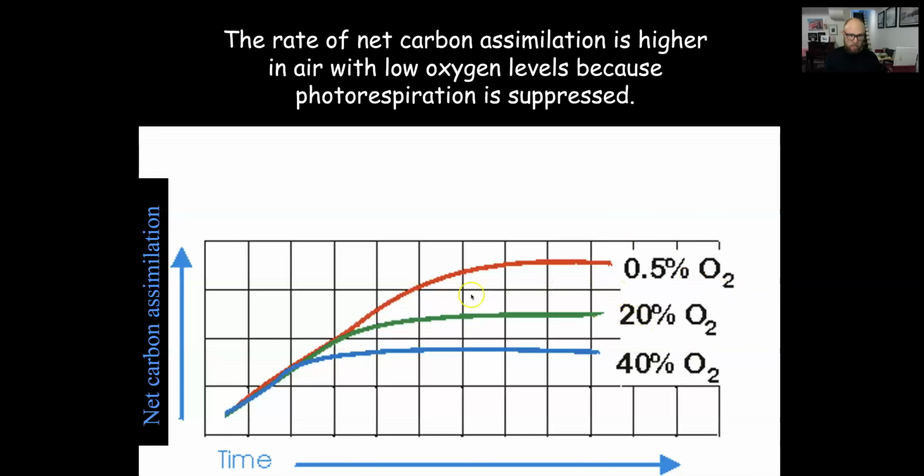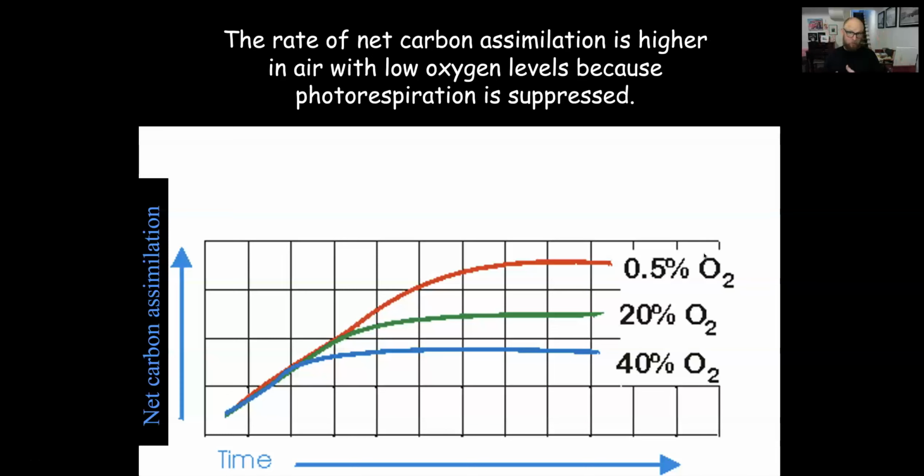So what you can see is that under really low oxygen conditions, photosynthetic rates are going to achieve a higher rate than if you have really high concentrations of oxygen. And that's due to photorespiration. If you don't have very much oxygen around, then Rubisco is not going to accidentally, I'm going to put quotes around accidentally, react periodically with oxygen, right?